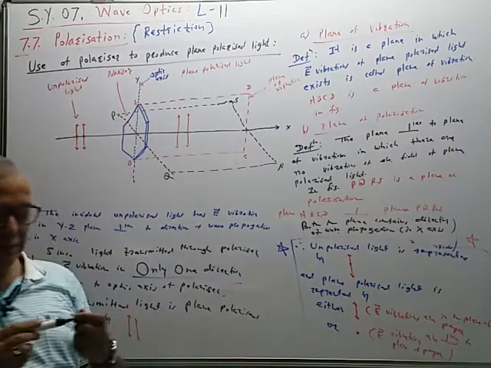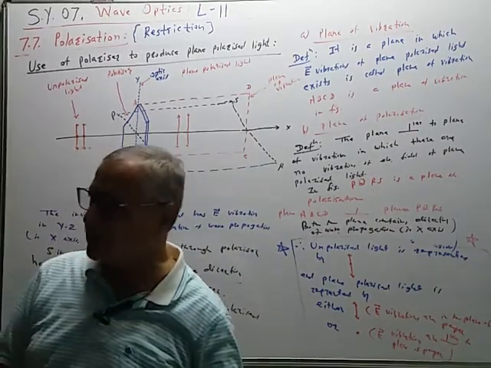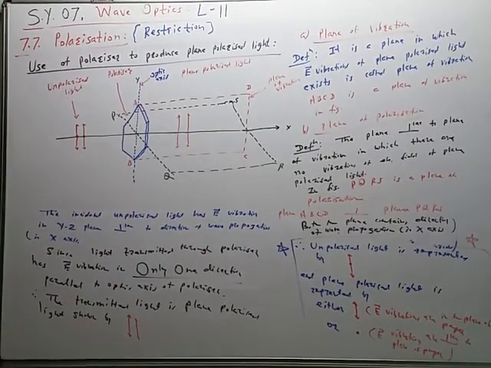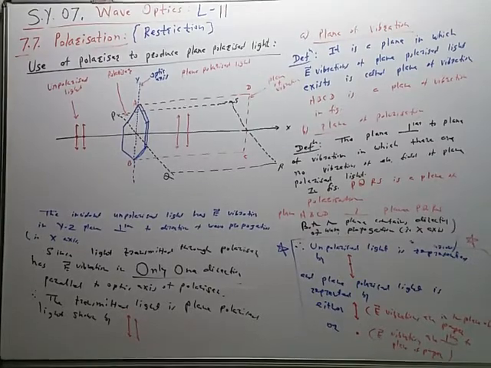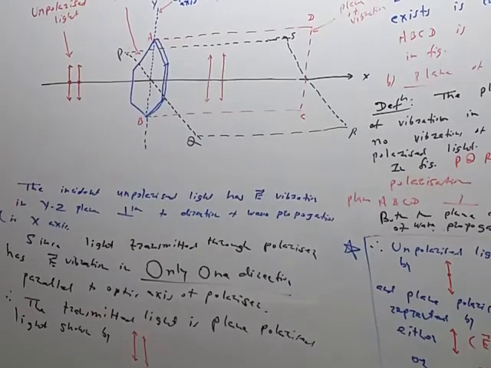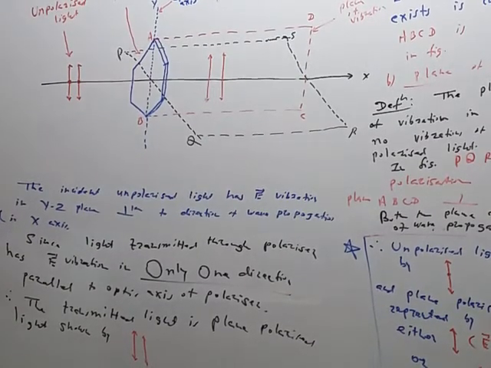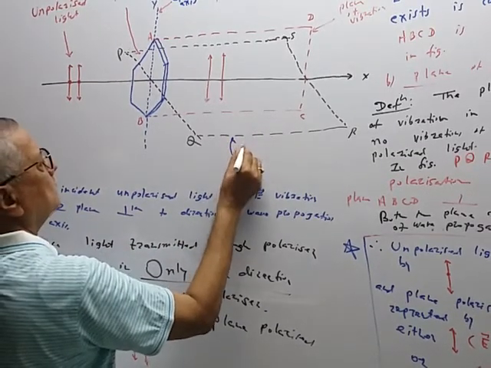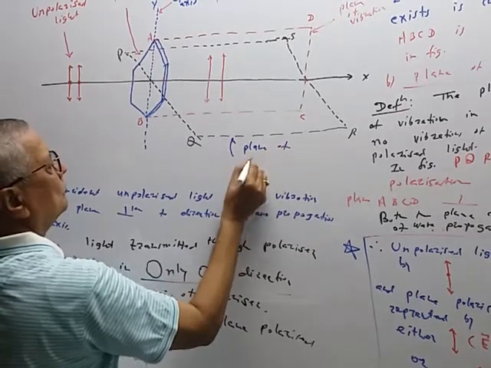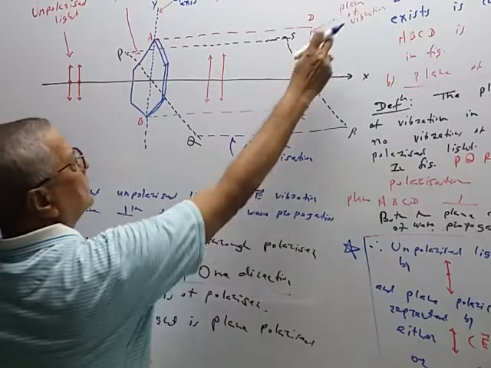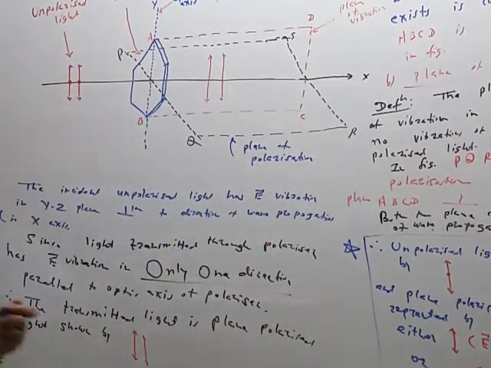So it is a plane containing the direction of wave propagation in which vibration exists, the plane of vibration. In the plane of polarization no vibration of electric field exists. So this is the meaning. This, PQRS, is the plane of polarization. This is the plane of vibration. This is the plane of polarization. Like this.